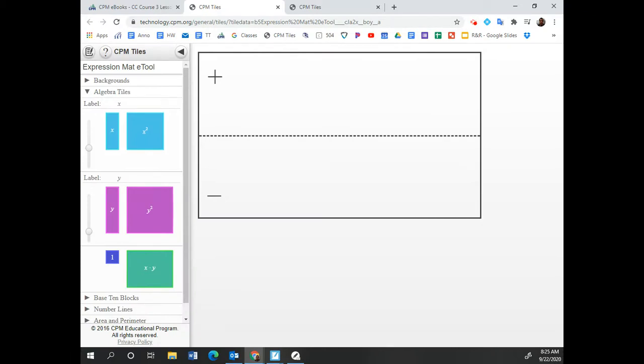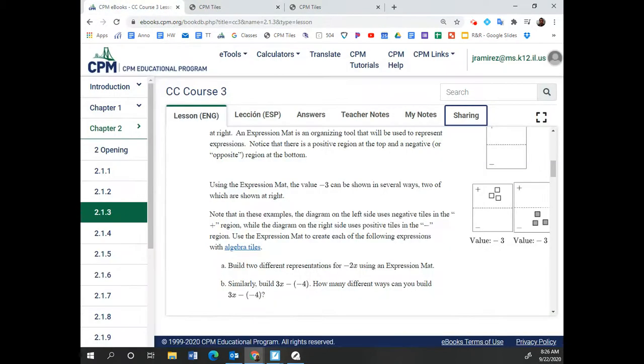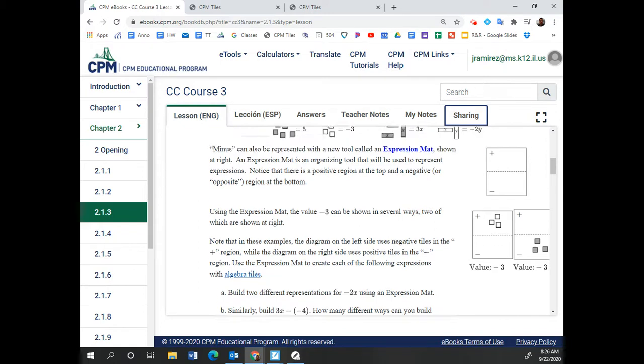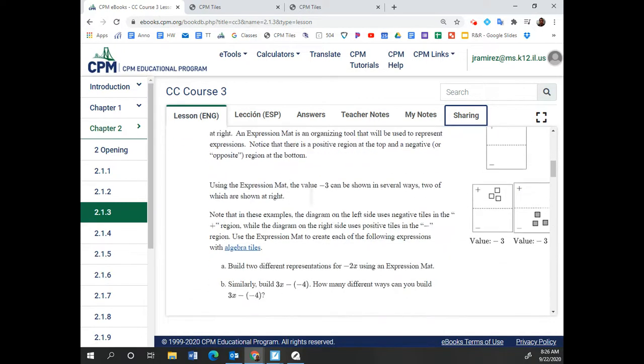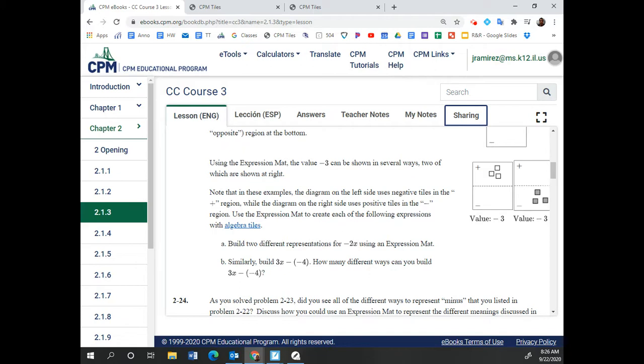So the expression mat right there, what I want you to do is think about three ways. And by the way, if you didn't know how to get there, here's what I want you to do. I want you to pause the video after I'm done explaining. You're going to go to your CPM book. Go to lesson 213. See that? Lesson 213. If you scroll down to problem 223, it has a link to the algebra tiles right there where it says algebra tiles.